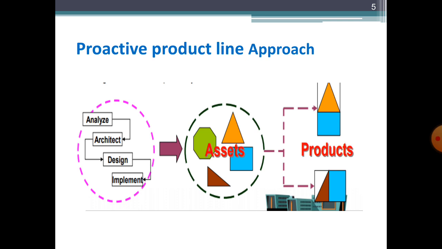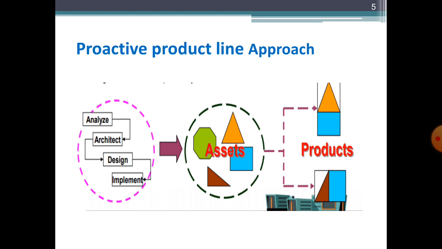As you can see, this proactive approach to software product line is like the waterfall approach to conventional software. On the most left side you can see that you analyze, architect, design, and implement all product variations on the foreseeable horizon upfront, and it works like a waterfall model.